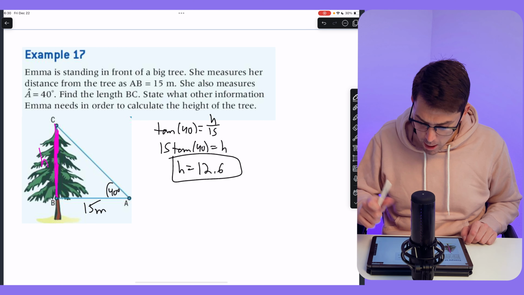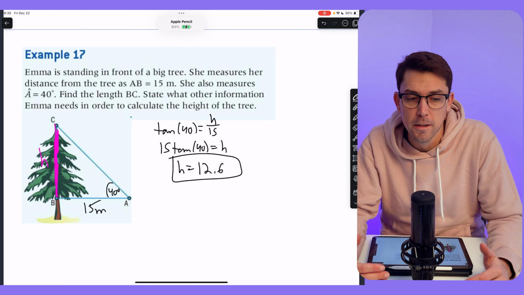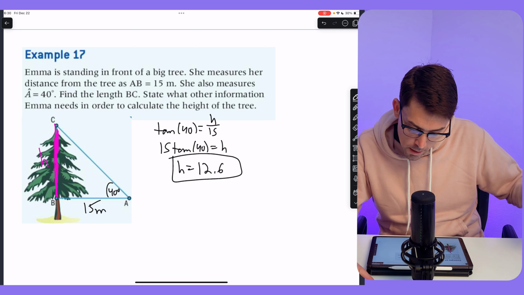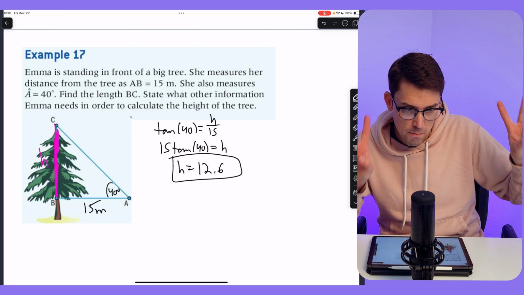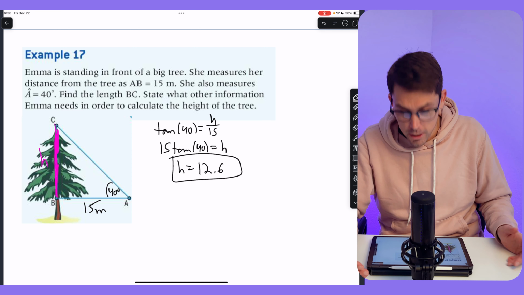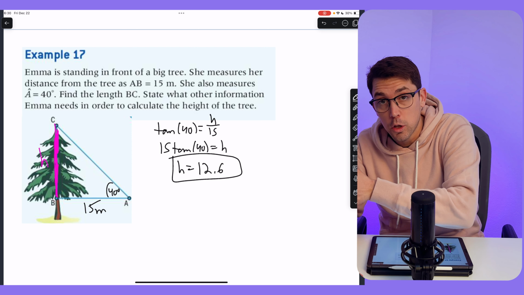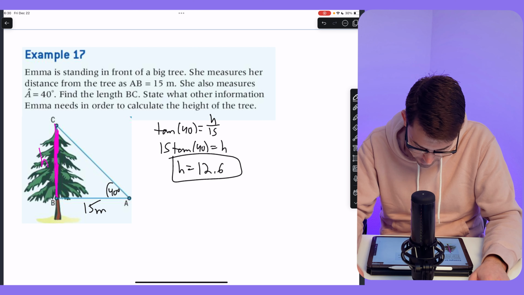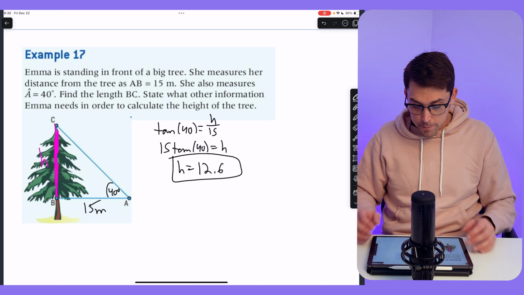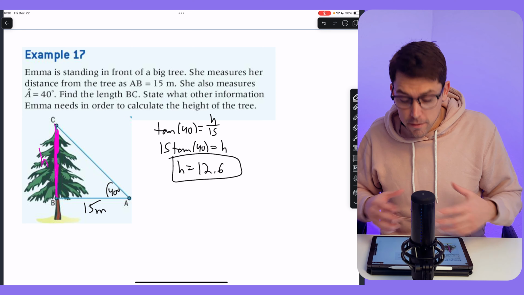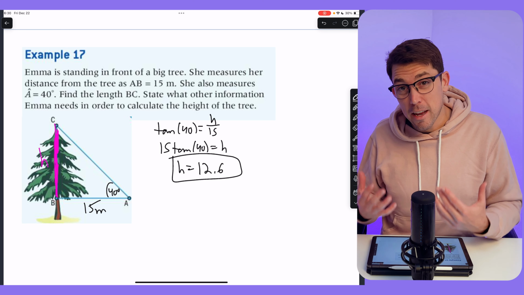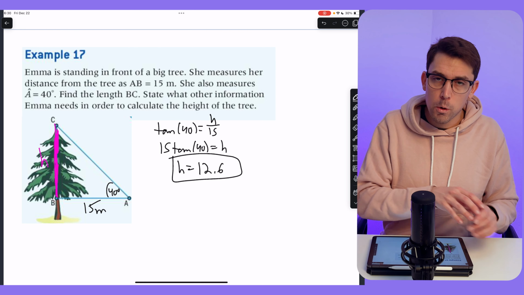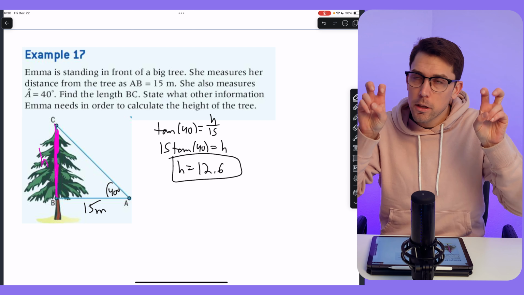Hopefully that didn't catch you too far off guard, because I know we didn't use the inverse trig function there. Just remember that whenever you're looking for a side or a missing length, you are not going to be using the inverse. You're going to be using the regular trig function.